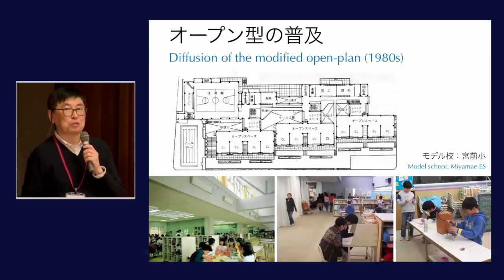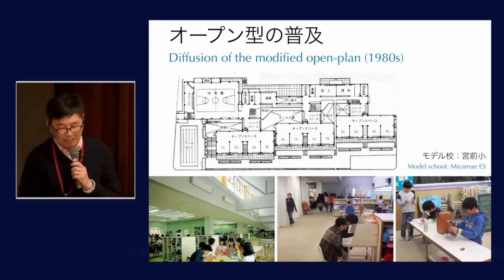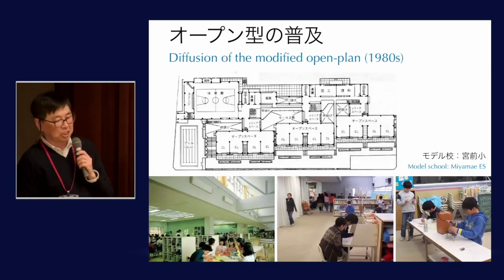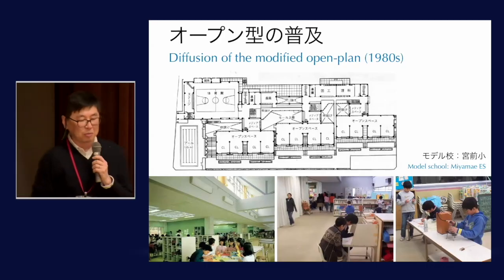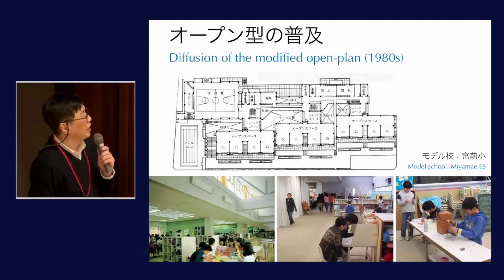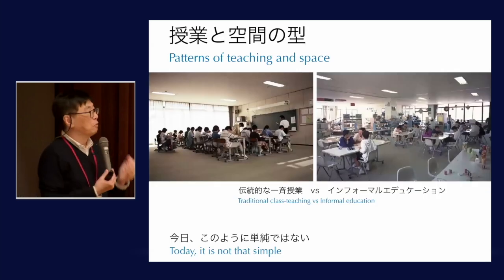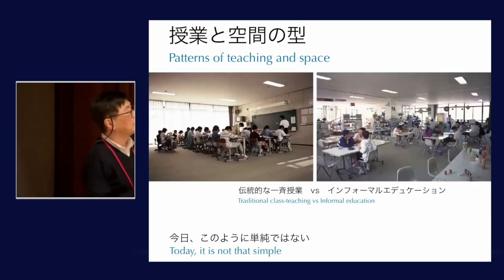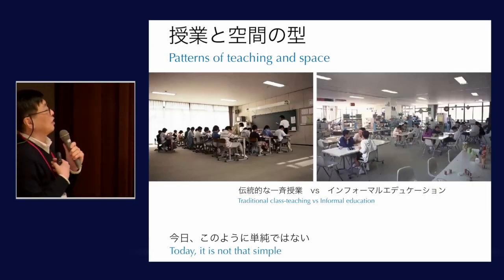This kind of space or format needs to exist at present. However, we need to consider the space configuration and also its relationship to the context of uniform instruction. So whole class instruction is changing.